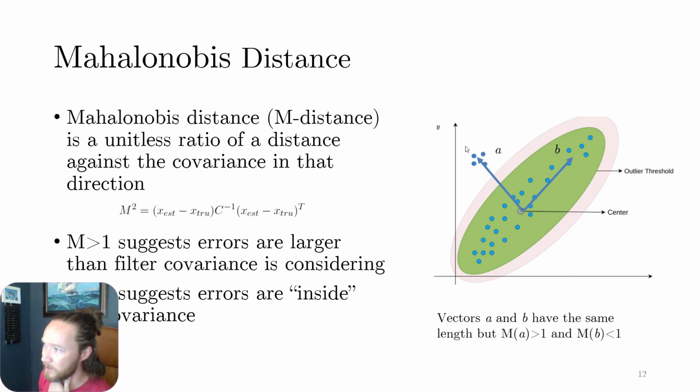And so these solutions are possibly concerning if this is what's coming out of your filter. This would show that the filter has high confidence in an erroneous solution, whereas for these solutions here, it has lower confidence in this direction, and so these solutions are of less concern. This is considered healthy solutions, so to speak. And so that is how we say they are outside or inside the covariance.